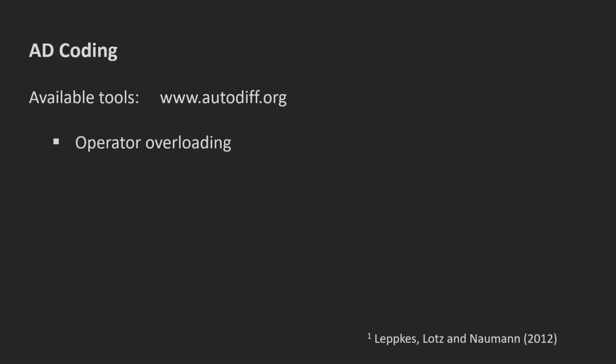As for the coding implementation of Autodiff, we can find a list of available tools at autodiff.org. There are different kinds of methods, and we only focus on the operator overloading method in this video. This method introduces a new data type that includes an extra storage of the derivative of interest, and we can look at these values as a tuple of the original base value together with its derivative.